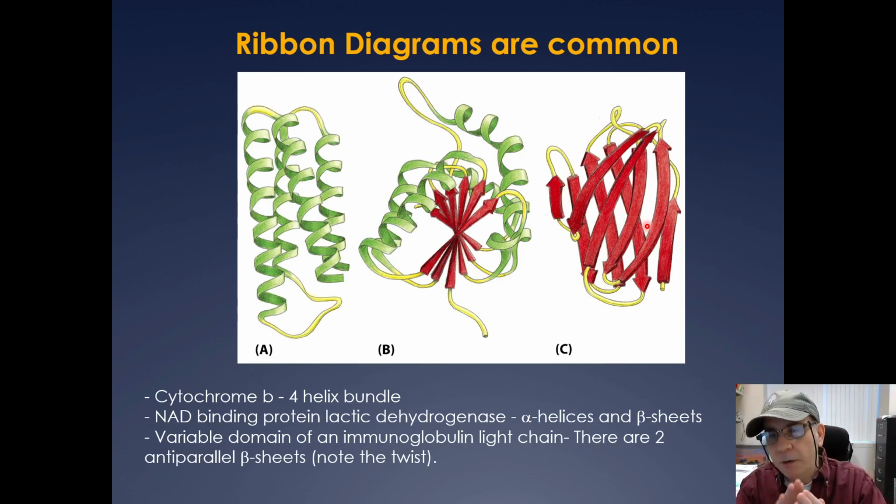When immunoglobulins bind antigens, they tend to bind the antigen in this region up here, where the loop domains are. The anti-parallel beta sheets are what hold the loop domains there. And once again, note the twist that's occurring in the beta sheets.